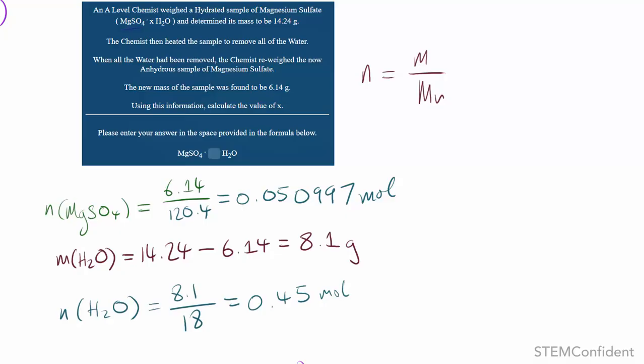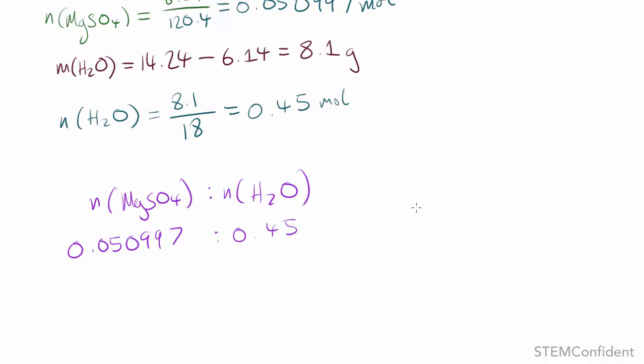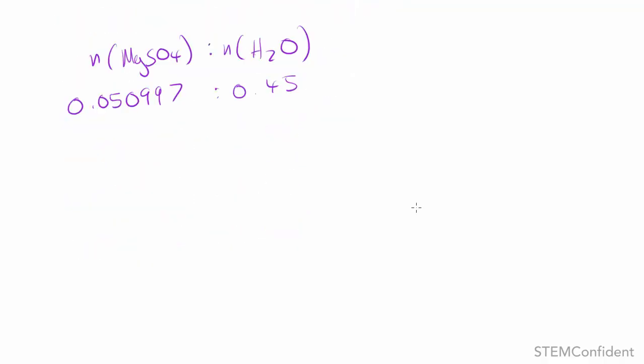Now, it's not easy to answer that question when the number of moles of the MgSO₄ is not 1. So I want to get that to 1, and to do that I'm going to divide it by itself, which gives 1.